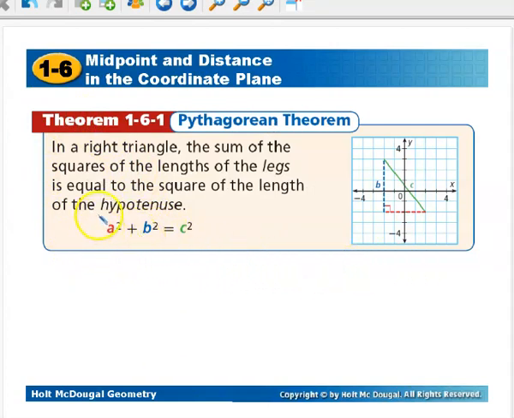And if you remember the Pythagorean theorem from your algebra class, or even in middle school, this is what it would be: A squared plus B squared equals C squared, or some people write it as leg squared plus leg squared equals hypotenuse squared.